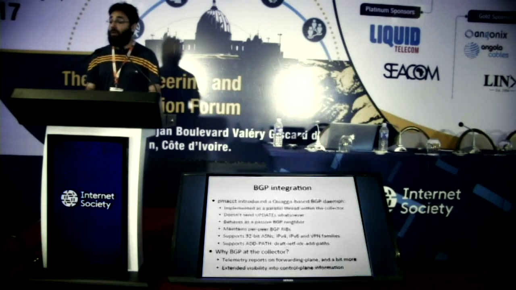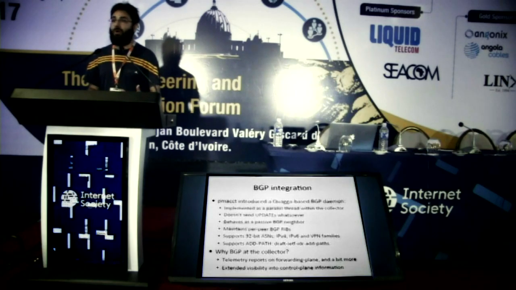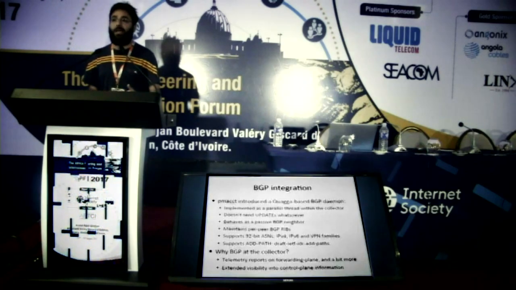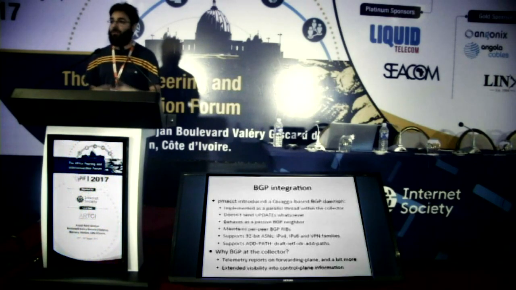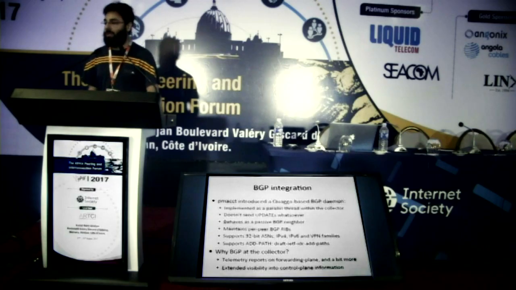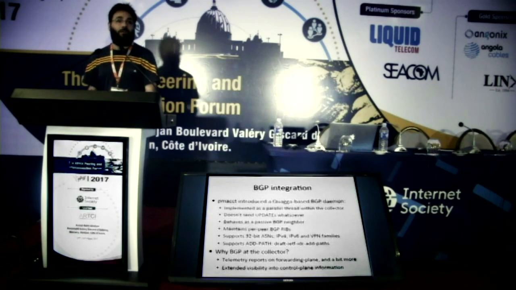So when you let pmacct peer with your device, it is not going to advertise anything to your routers, right? So it's going only to receive, and really the code to send a BGP update is not in pmacct, so it's pretty safe, and there are large networks that are relying on this.